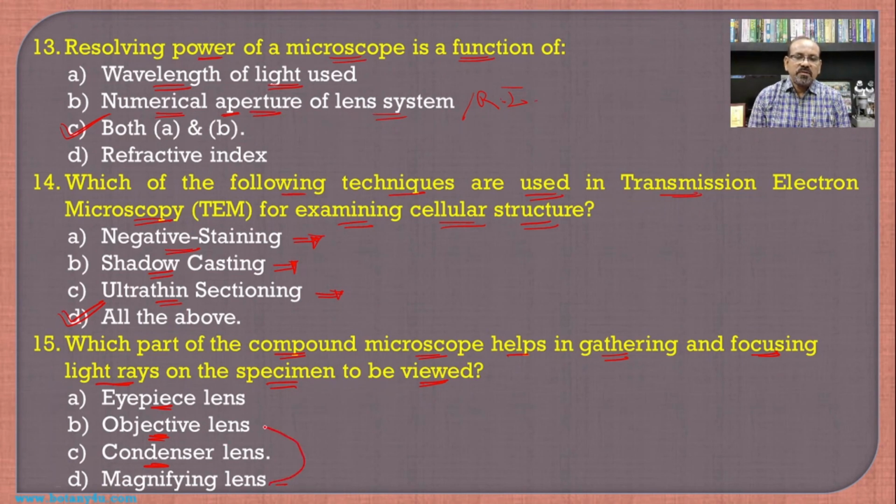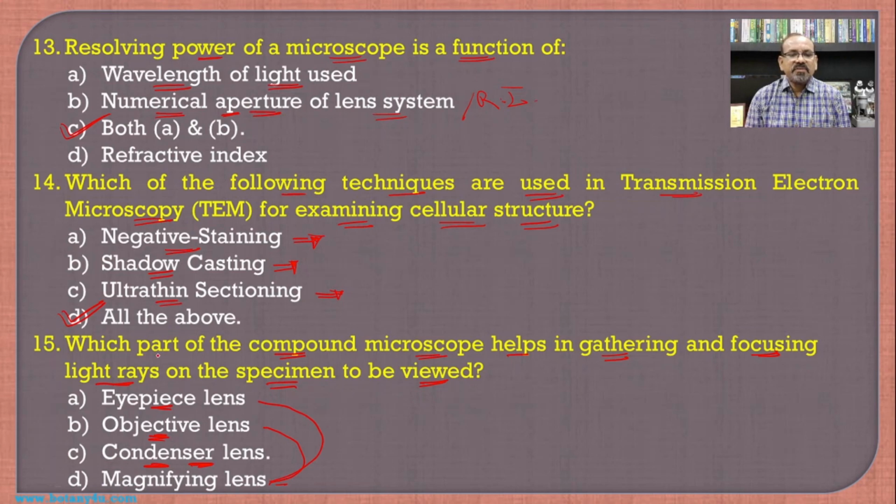So the objective lens and the eyepiece both are the magnifying lens because they are responsible for the magnification of the object under the microscope. And if you see, the condenser is responsible for the gathering of the light, so that the maximum amount of the light can pass through the specimen for the better magnification or the view.